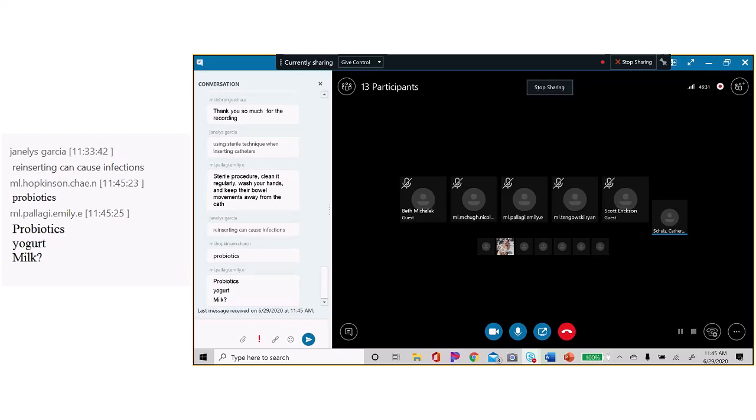It's not all dairy. It's really what is in the yogurt itself. Yogurt itself contains some of the lactobacilli probiotics. They're present. The milk itself doesn't do that.